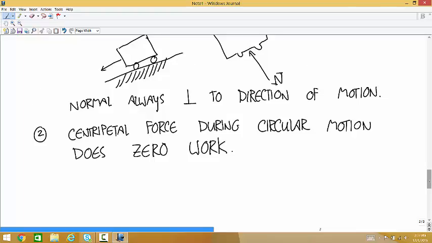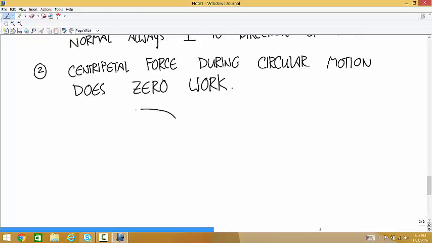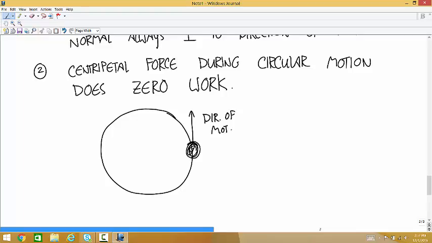So if there's the circular path, there's the object. At this instant, the direction of motion is like that. A centripetal force is like this.